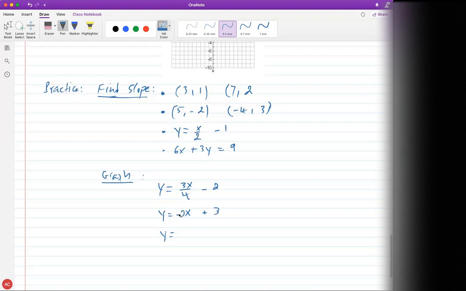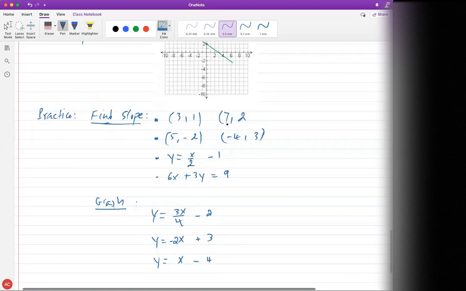Actually, we make this one -2. Okay, these graph, same way we just did. This, you just need to find the slope. You don't need to graph them.